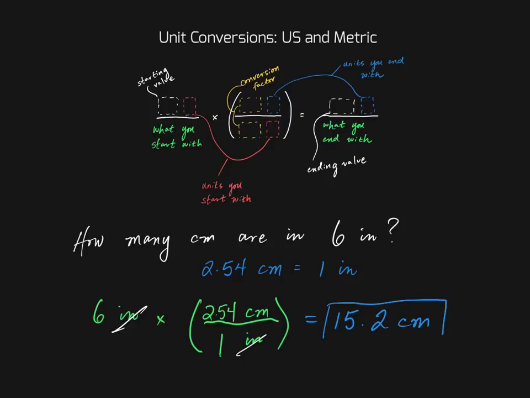Okay? So, again, with dimensional analysis, what are we starting with? In this problem, it was 6 inches. Okay? And then from there, you need to look at what units are you starting with? What units do you need to cancel out? What units do you need to get rid of? In this problem, it was inches. What do we need to get to?